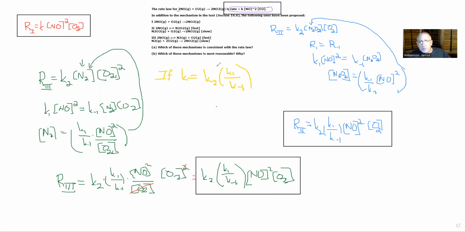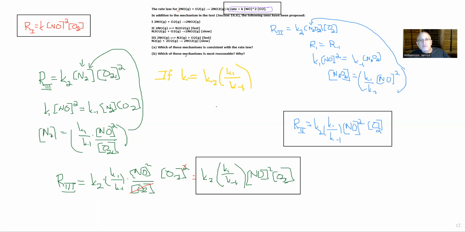If these numbers numerically end up being the same value as K, then it's the same. So which of these mechanisms is consistent with the rate law? They all seem to be, right? Okay, if I do that, so they all seem to be.